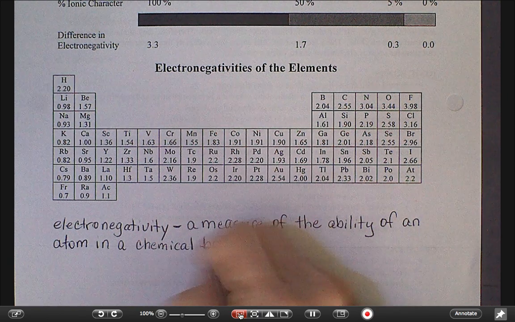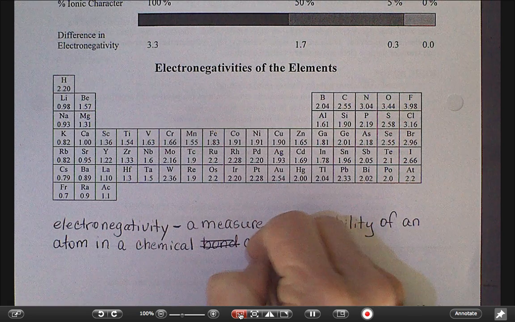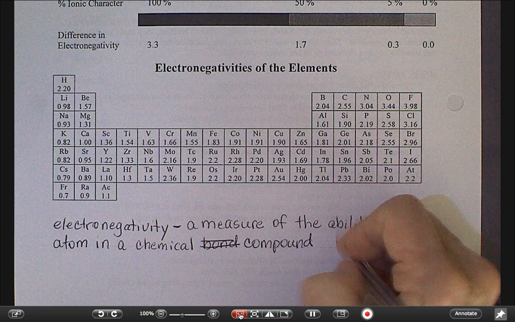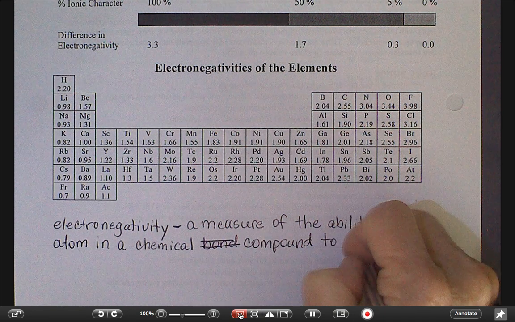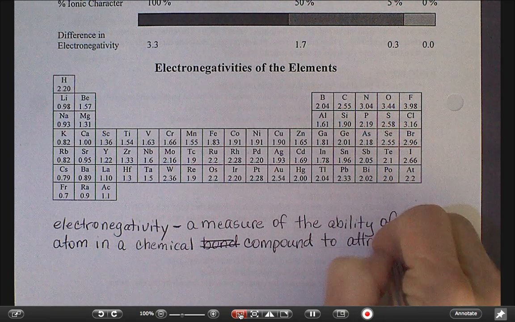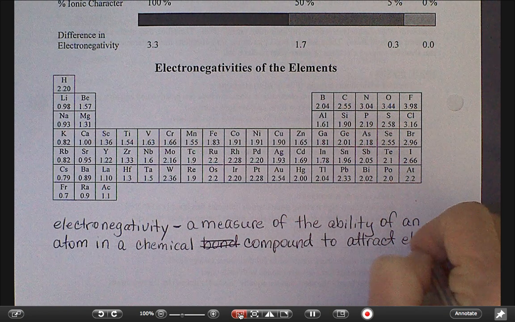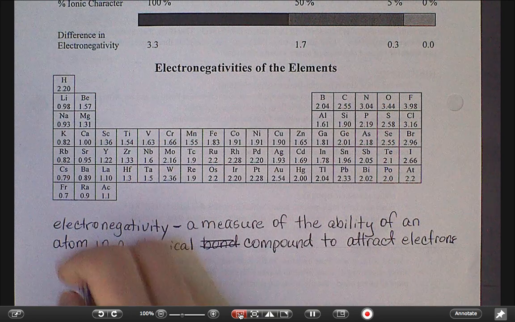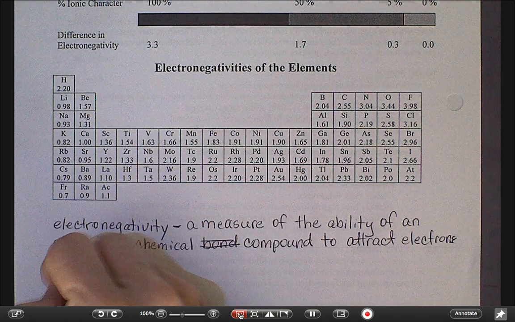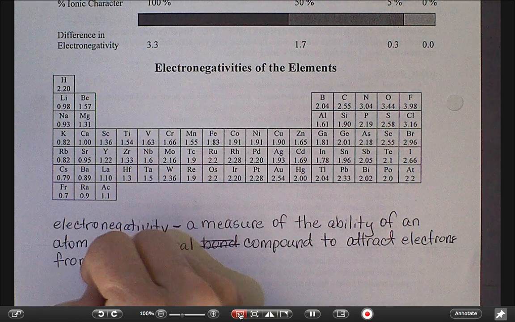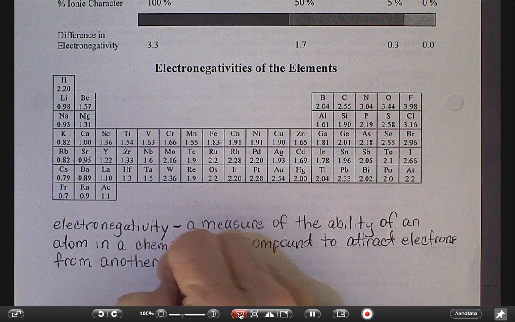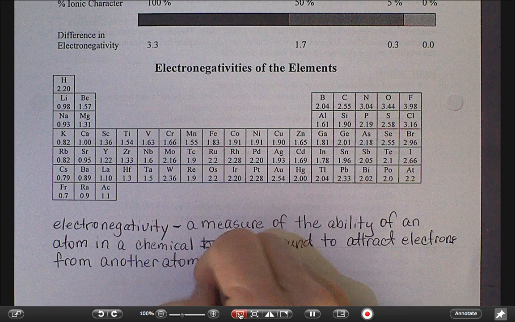Mark out bond and write compound. To attract electrons from another atom in the compound.